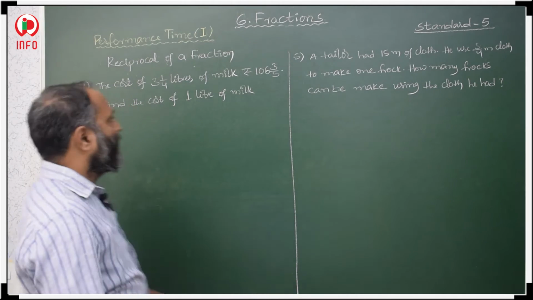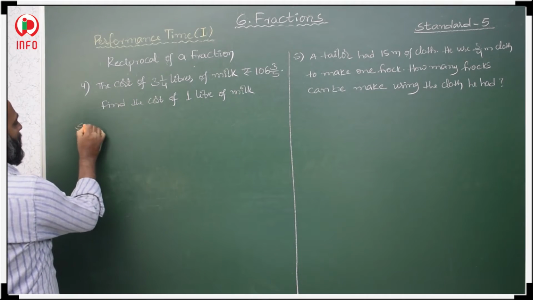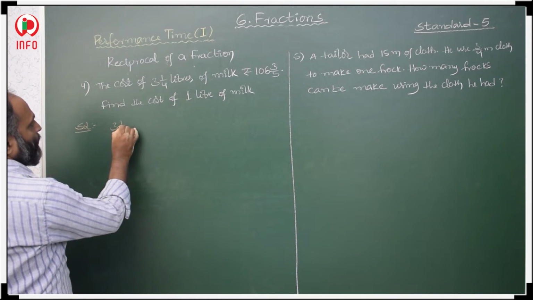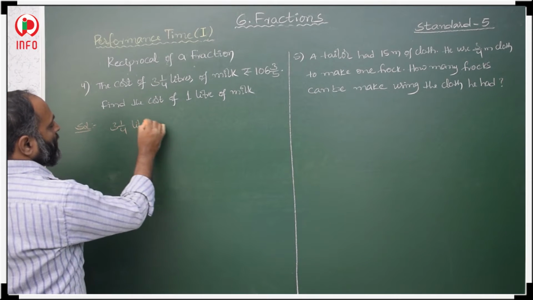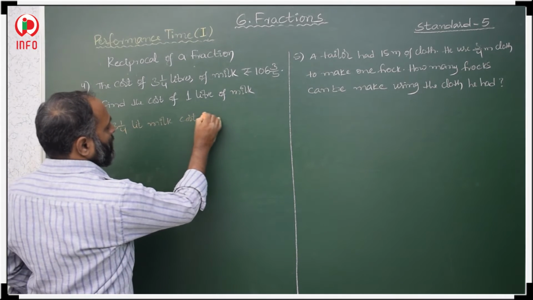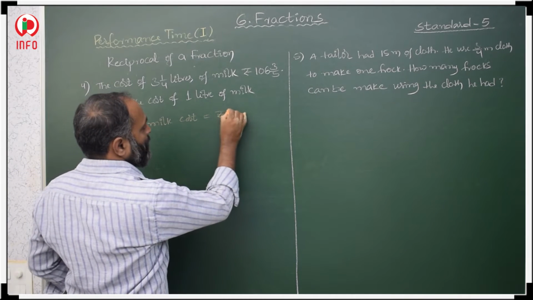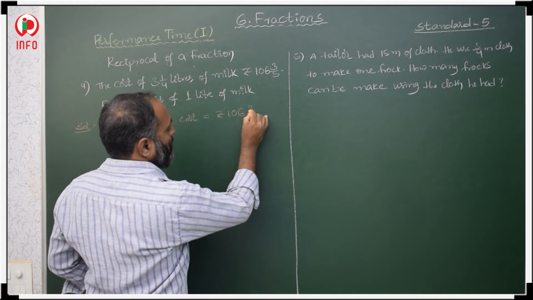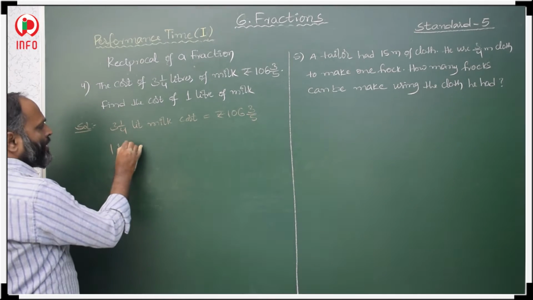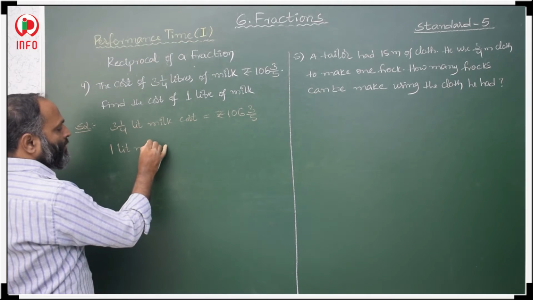So in this way we have to decide what to do first. Okay. Now here, 3 1/4 liters milk cost rupees 106 3/5. Then 1 liter milk cost.